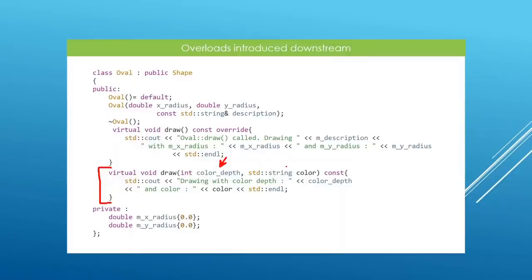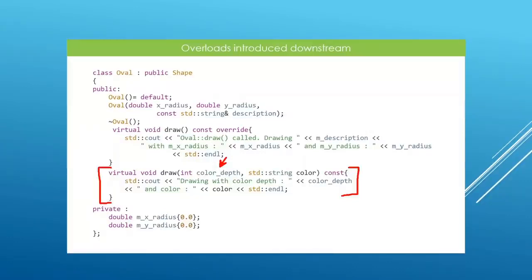What I mean is that if we go through a base pointer or reference to manage derived objects, we can't really call this method with shape polymorphism. If we go through our shape pointer or reference and try to call it, we will get a compiler error. The reason is this method is not known to the shape class. That's why it's not going to participate in shape polymorphism.